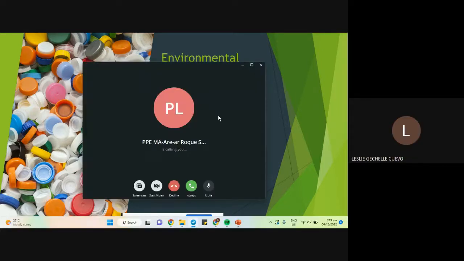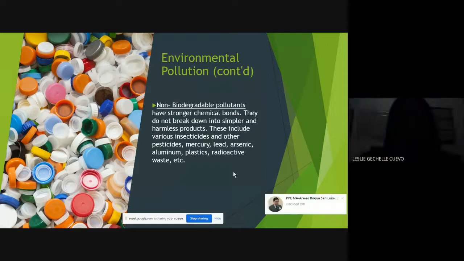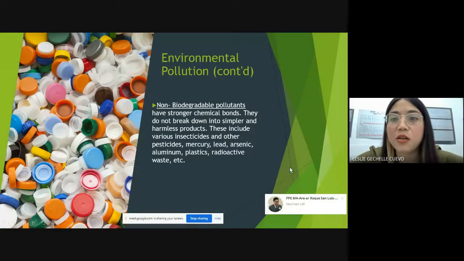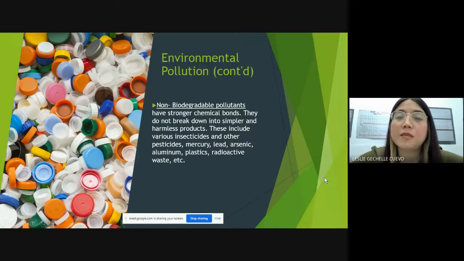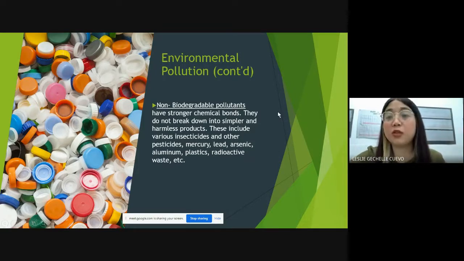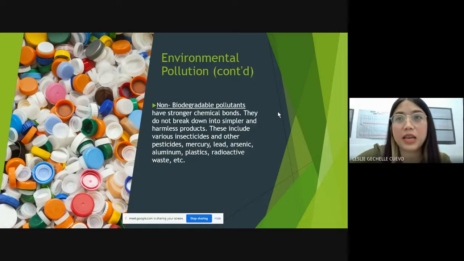But non-biodegradable pollutants, hindi sila madaling mawala.